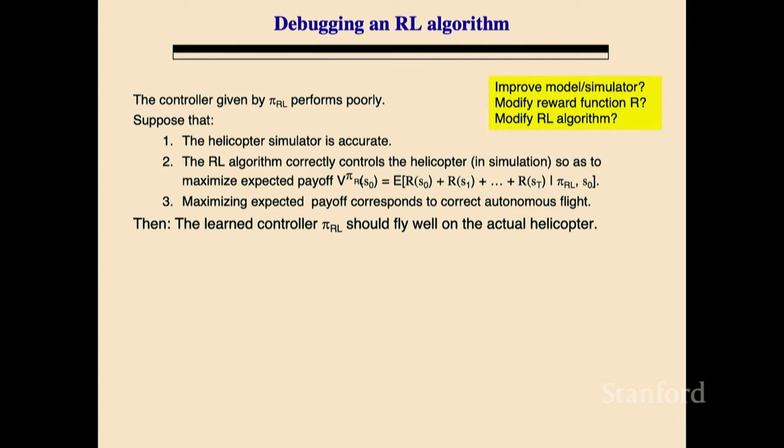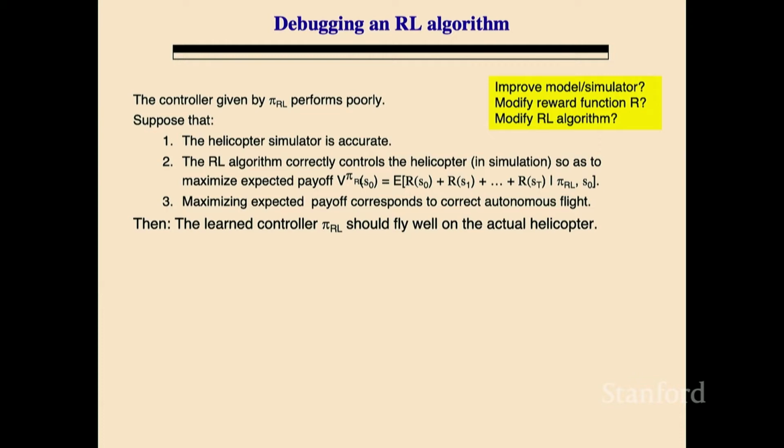And so those three sentences correspond to the three things in yellow that you could work on. Is it a problem that statement 1 is false, that the simulator isn't good enough? Is it a problem that statement 2 is false? Oh, sorry, I think actually 2 and 3 are reversed. But the three statements correspond to the three things in yellow. I think the 2 and 3 are in opposite order, right?